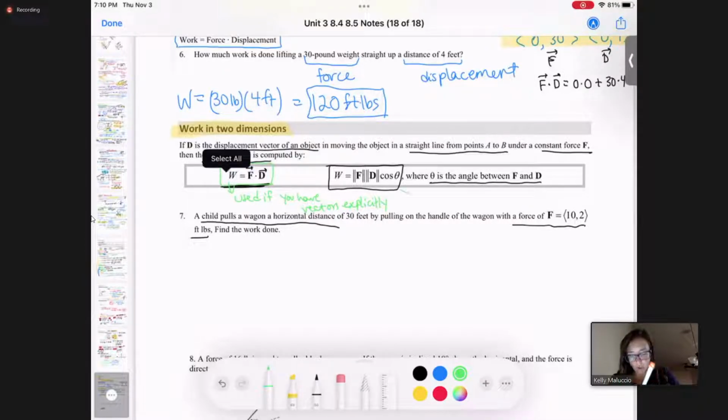Otherwise, you'll use this other one most of the time. This one will be used if you know the magnitudes and the angle between our two vectors.